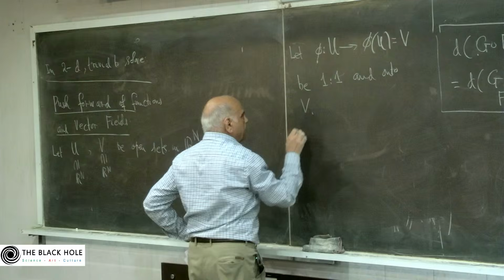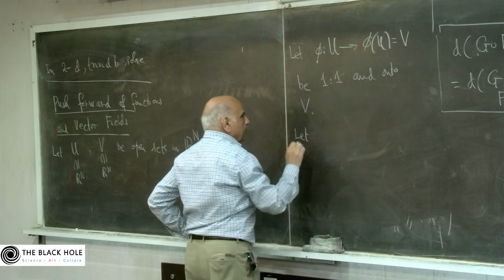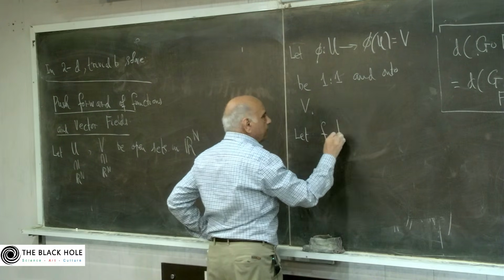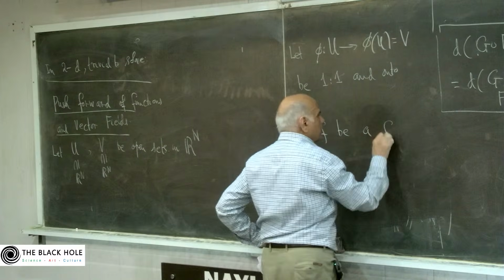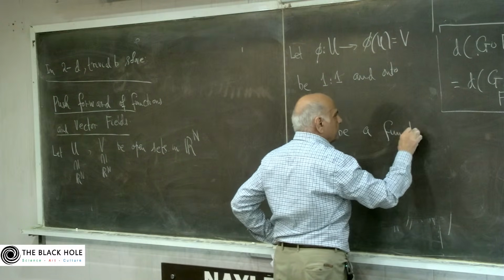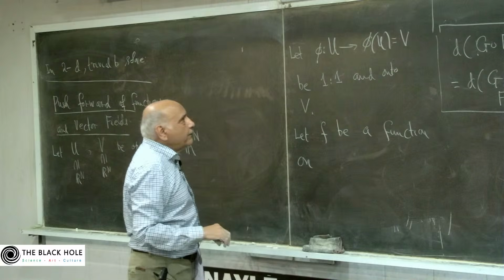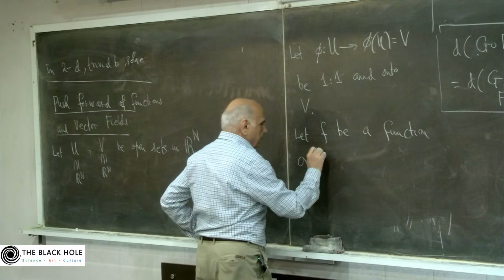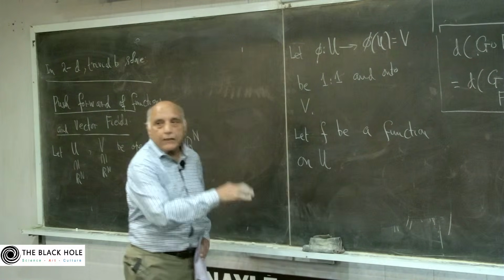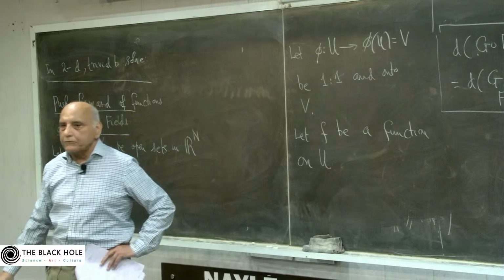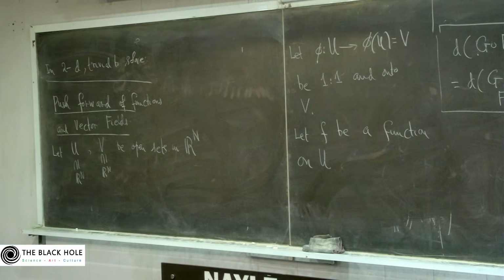So let f be a real valued function on U. How can I define a function on V?